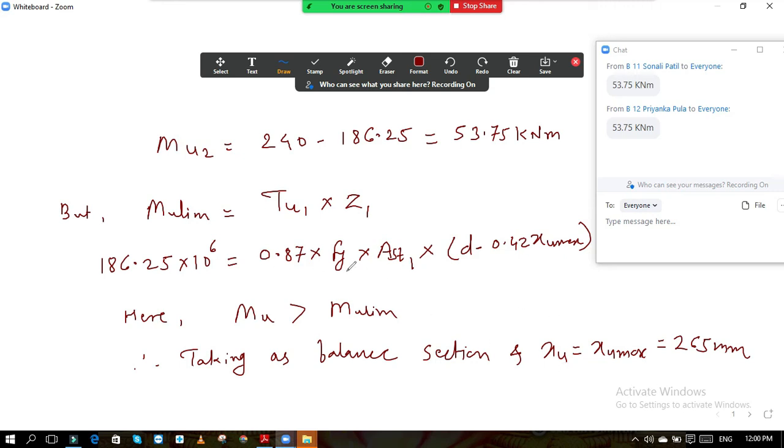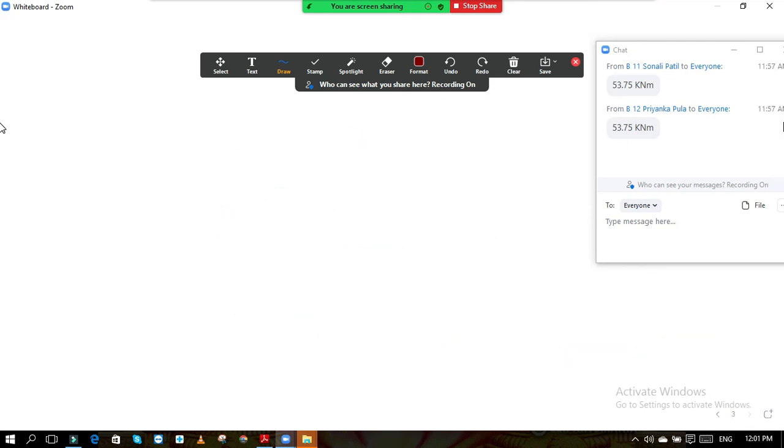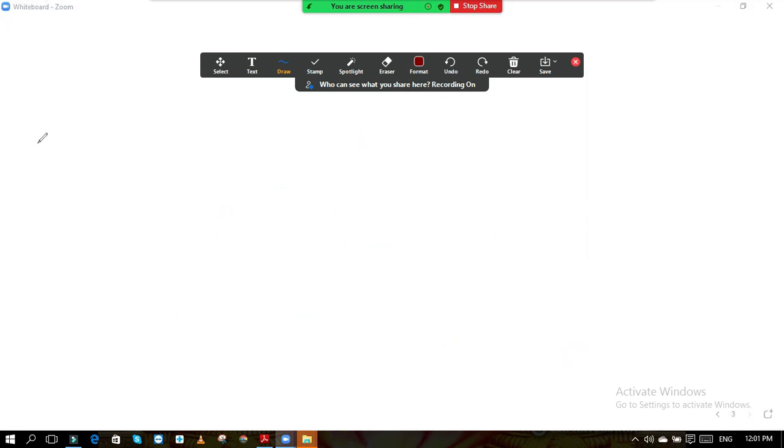So now, if you put the values over here, you will get the value of AST1. So 186.25 into 10 raised to 6 is equal to 0.87 into Fy, Fy is 250, into AST1 into D minus 0.42 XU.